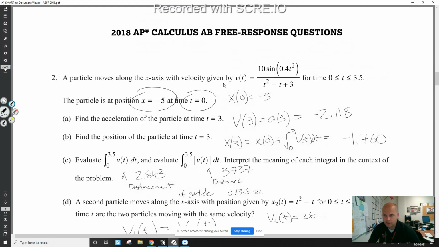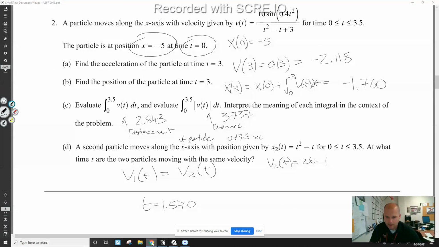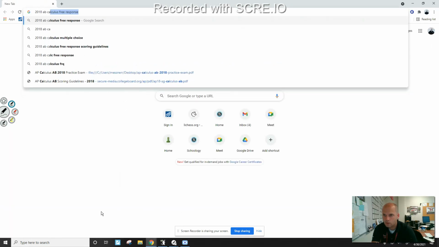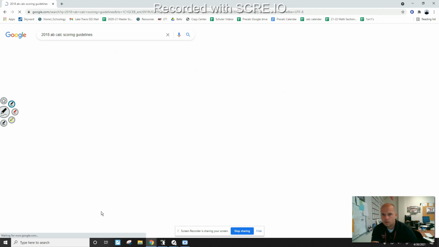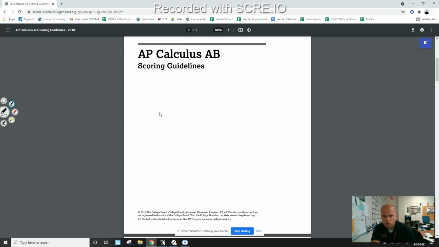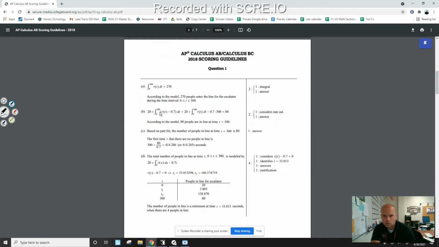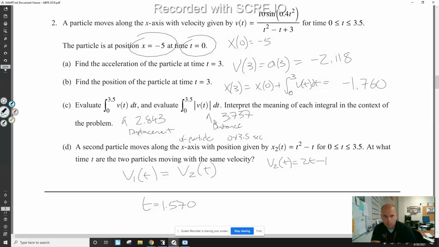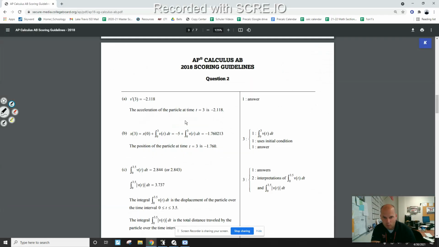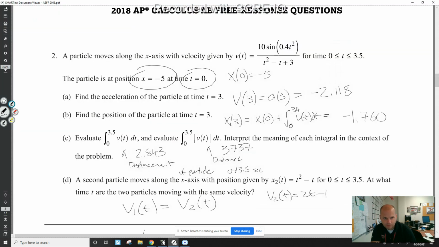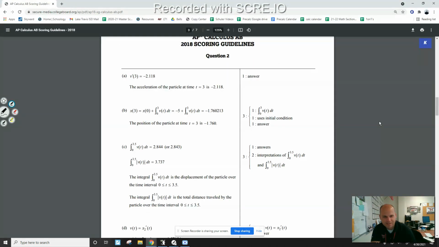All right, let's check out the scoring guidelines. 2018 AB Calc scoring guidelines. The answer, negative 2.118, is worth 1 point. 3 points for part B, using the initial position and then getting negative 1.760.